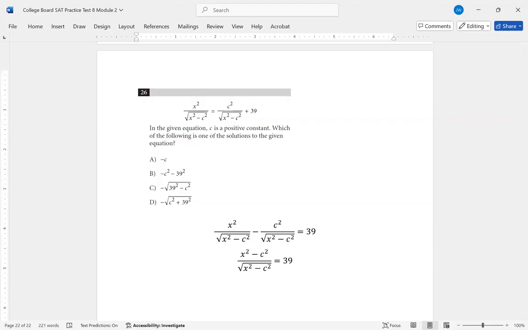Now, here's the trick. x squared minus c squared, we can think of as being the square root of x squared minus c squared, quantity squared.